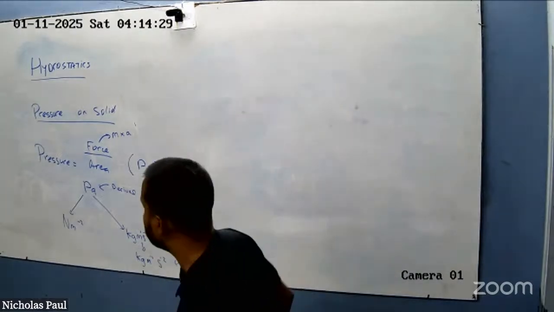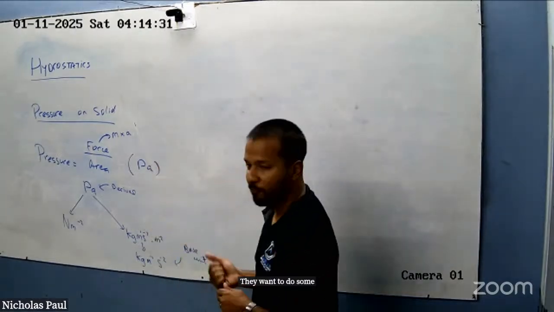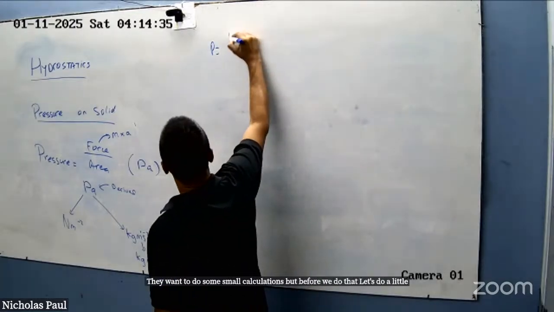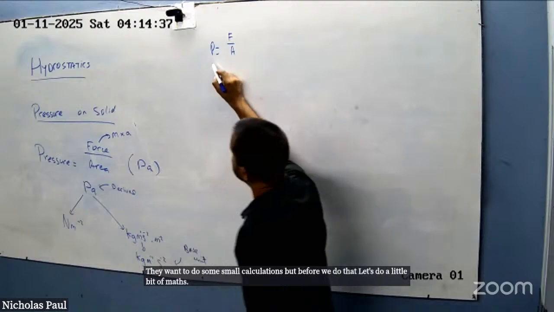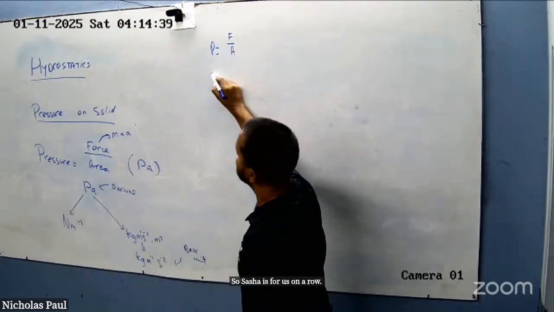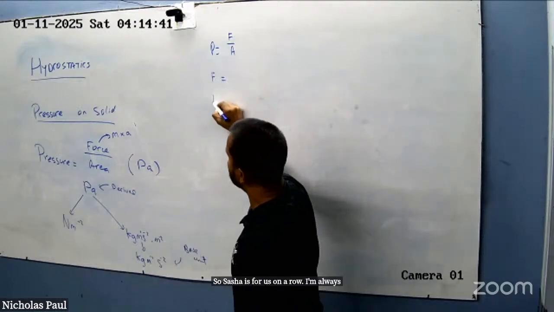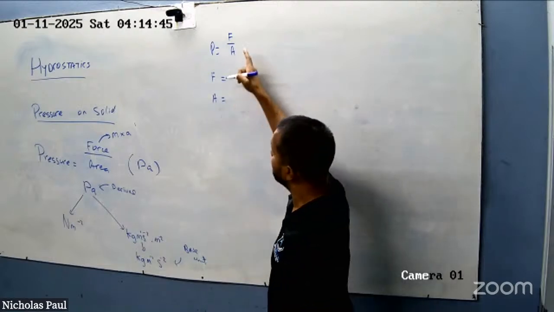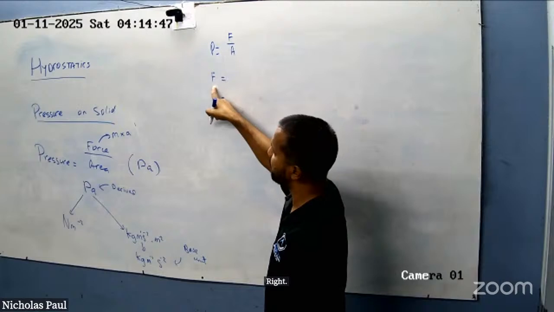Right, so we want to do some small calculations, but before we do that, let's do a little bit of maths. Pressure is force on area. Tell me what is force. Tell me what is area.